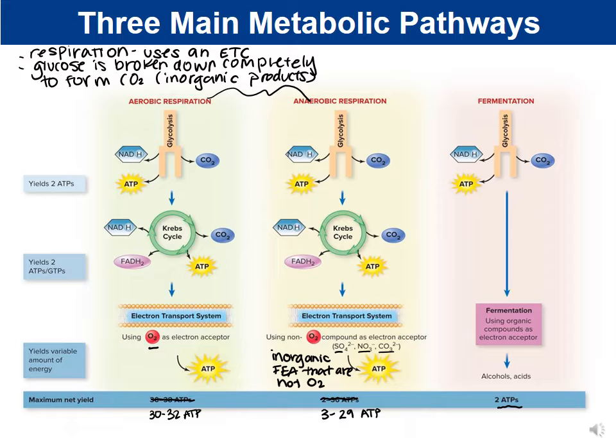Now let's compare anaerobic respiration and fermentation. So key differences between anaerobic respiration and fermentation. Fermentation does not use an electron transport chain, right? So that's a difference between them. A similarity is both are anaerobic.